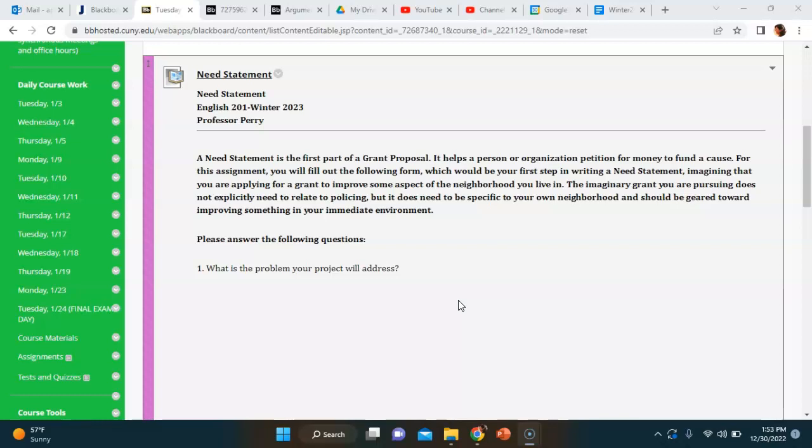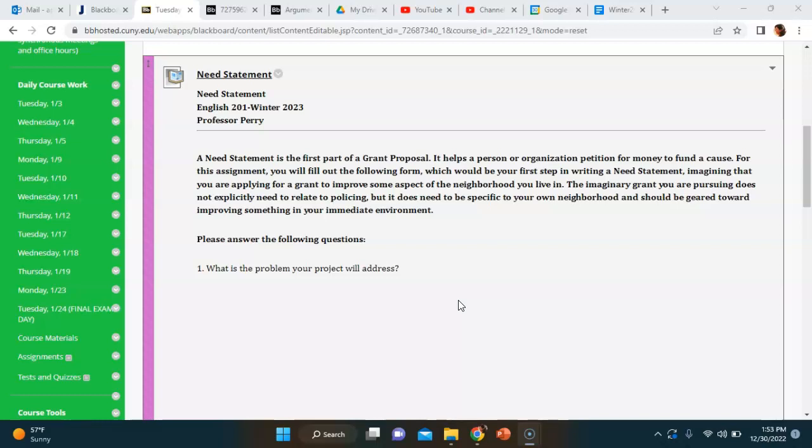So I really do want you to drill down into the local, on the level of neighborhood. If you don't live in New York City, you might be like, what is my neighborhood? Well, you might have a township, you might have a village, but you probably have a smaller part of a larger community that you live in, right?